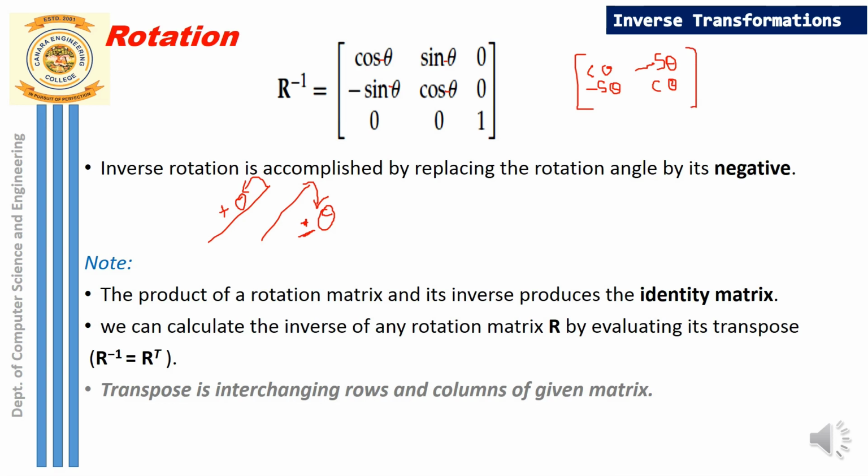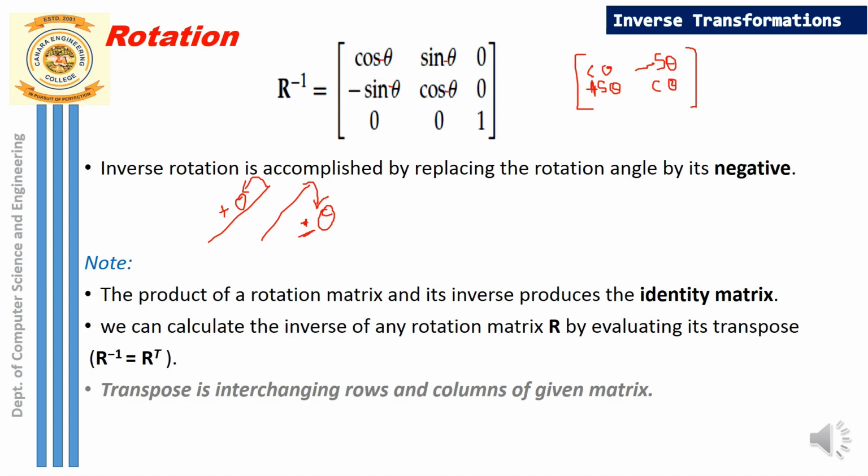Now it is a clockwise rotation, wherein I have to change the sign of the angle. Cos of minus theta is plus cos theta. Then minus sin theta we had, no? So sin of minus theta is minus sin theta. So minus minus becomes plus. So it is sin theta. And then here it is plus sine theta, I guess, right?